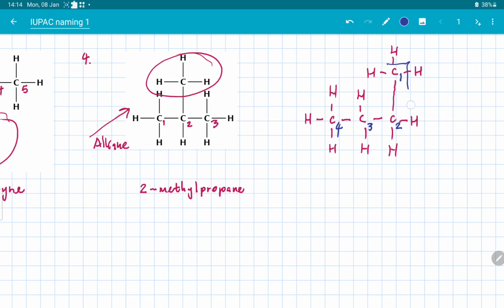Again, this whole thing is the main continuous chain, there's no methyl here. So how will you recognize a methyl or ethyl? It is always attached to a carbon that is attached to 2 carbons. Next time we do examples I'll tell you the name of the carbon, but for the time being it's a secondary carbon because it is attached to 2 carbons. So basically a secondary carbon is a carbon attached to 2 carbons.